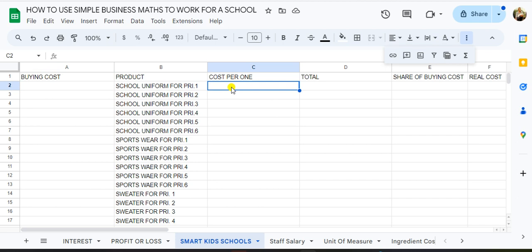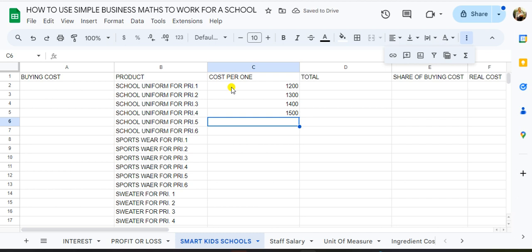Let's say for the school uniform, for primary 1 they charge 1,200. Then primary 2, they charge 1,300, 1,400, 1,500. Let's just put it that way, random data.